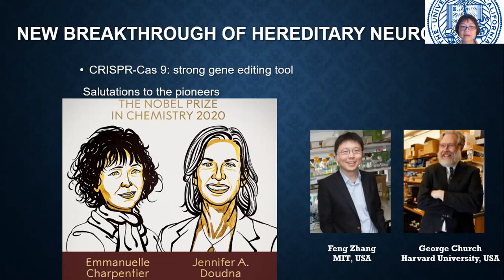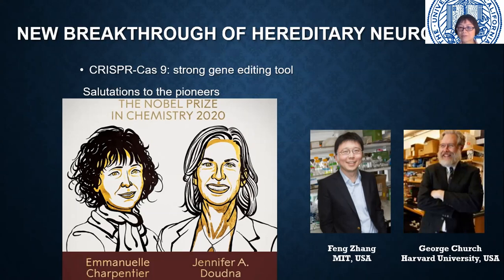Nowadays, we have another strong gene editing tool, CRISPR-Cas9. That's a really strong tool to edit the human genome or other animal genomes. So Dr. Carpenter and Dr. Doudna are the pioneers to develop this strong genetic editing tool, and they won the Nobel Prize in Chemistry in 2020.